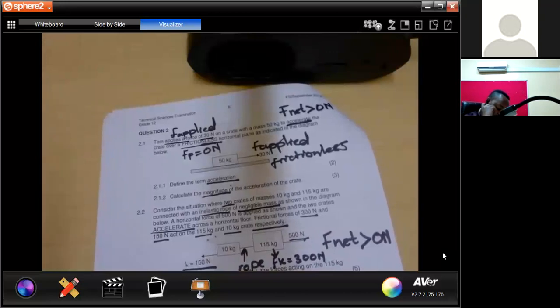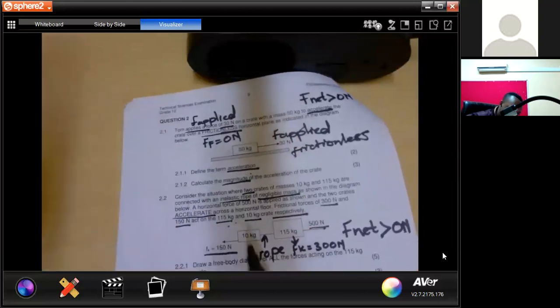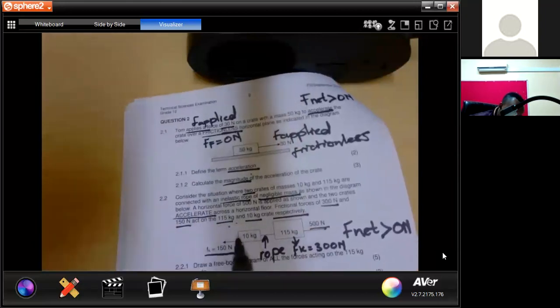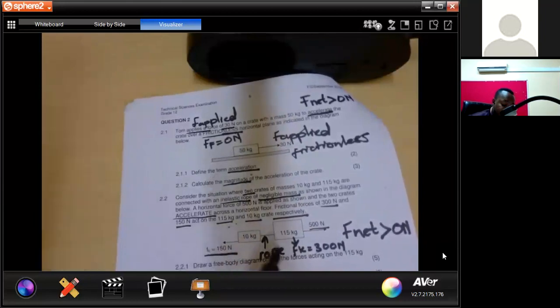Now, my dear learners, from this information and this diagram, what you can see is that they are showing you the frictional force on the 10 kilogram object is going to the left, right? In other words, it tells me the direction of motion.